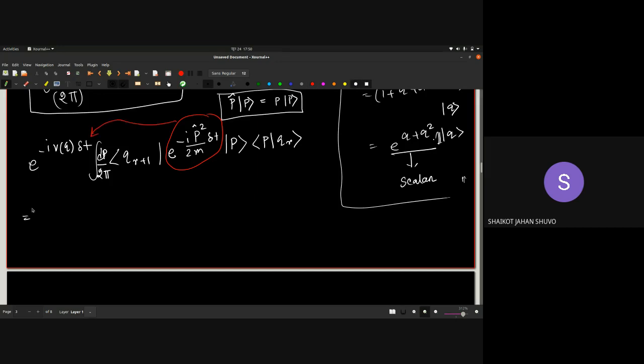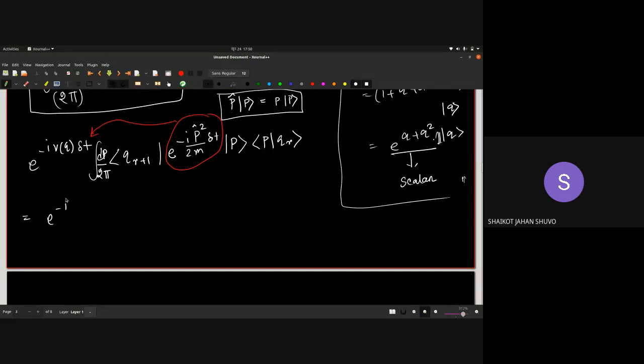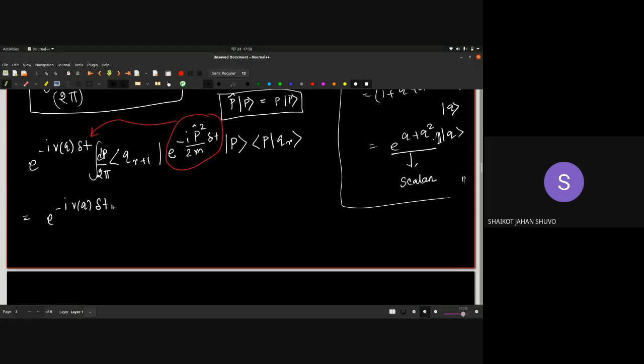So on the next line you have i v of q delta t e to the power negative i p squared 2m, and now you have this dp by 2 pi. You have this q of r plus 1, you have this p, you have this p, and you have this q of r. Something like this. Am I right, or did I make a mistake?